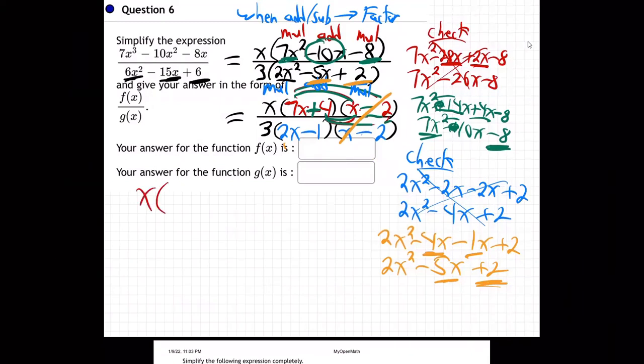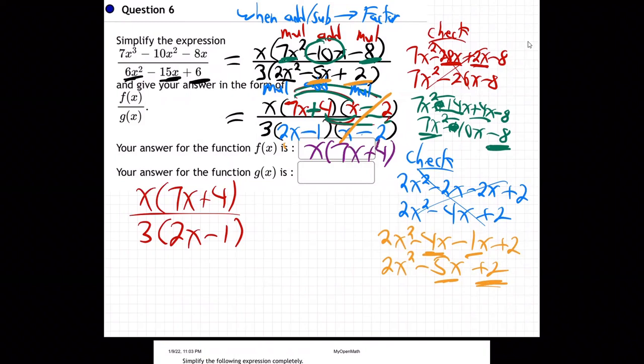We're left with x on the top along with 7x plus 4 over what's on the bottom, 3 and 2x minus 1. Everything else is left. Nothing else can cancel. And so that's it. So they want the numerator and they want the denominator. So the numerator is going to be the x times 7x plus 4. The denominator is going to be 3 times 2x minus 1.